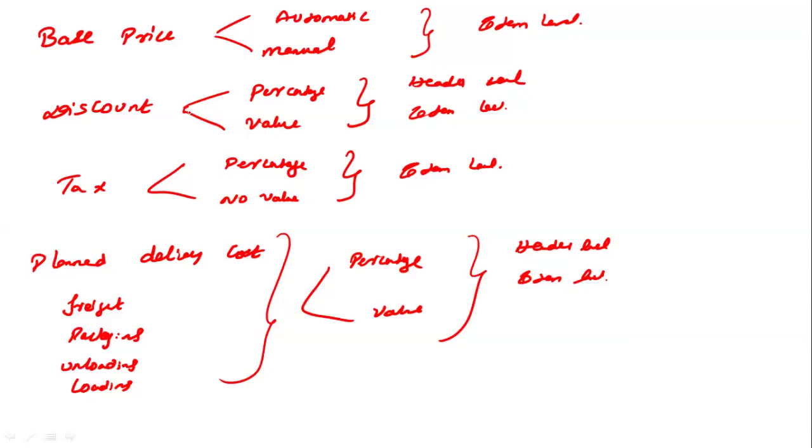So what do you mean by 60% or 70%? 70% less on MRP. Yes. So if your MRP is 1000, if they're giving 70% discount, you get it for 300, right? Yes. So this is your percentage-based discount.